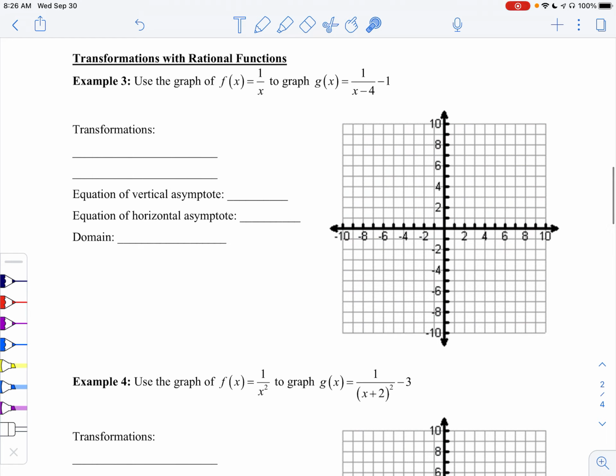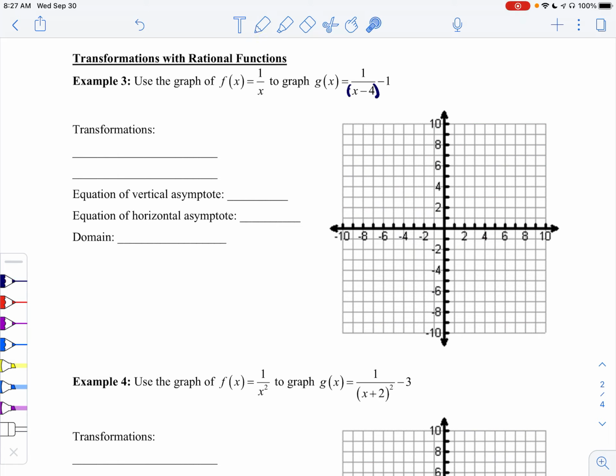All right. So to start with, we're going to use our reciprocal function, 1 over x, to graph our g of x function here, 1 over the quantity x minus 4, minus 1. Now, whenever we're doing transformations of rational functions, think about your denominator as being inside your parentheses and anything that's not in the denominator as outside your parentheses.